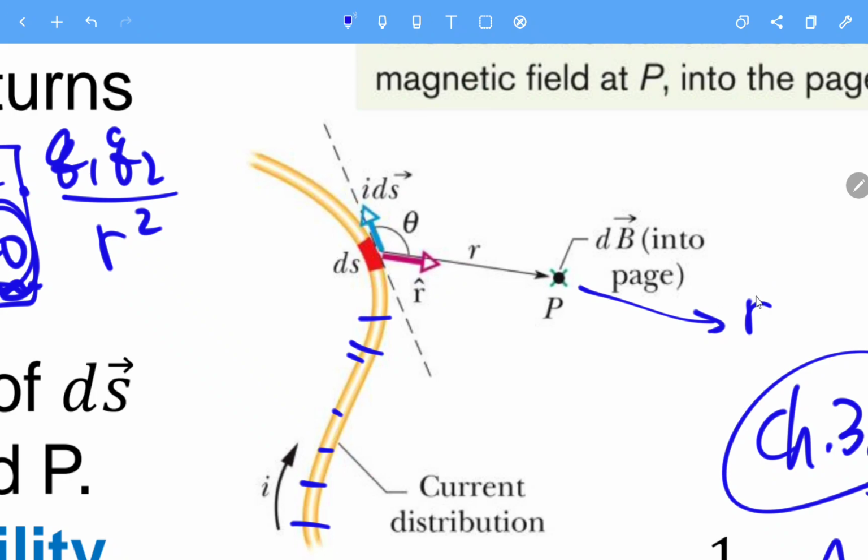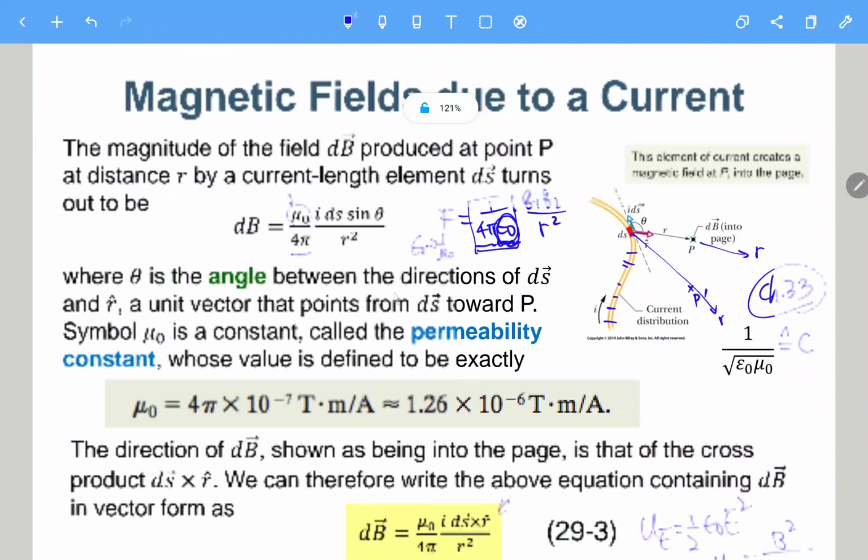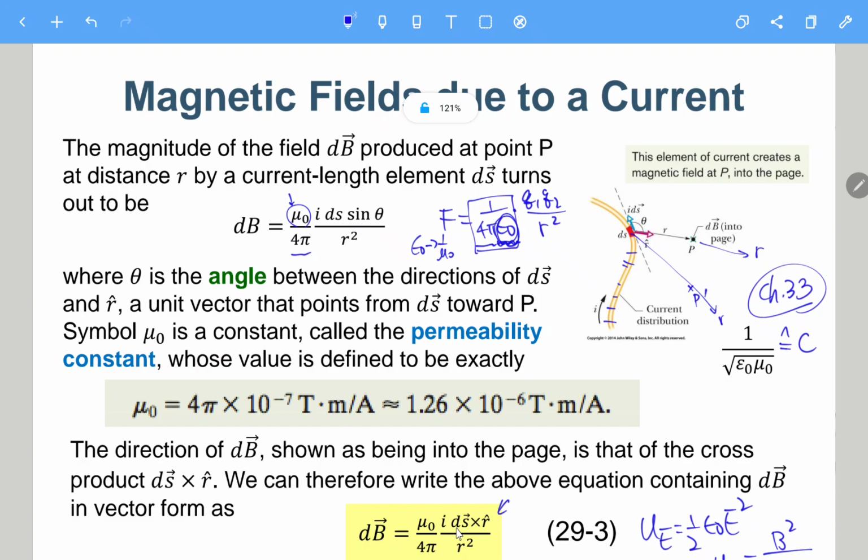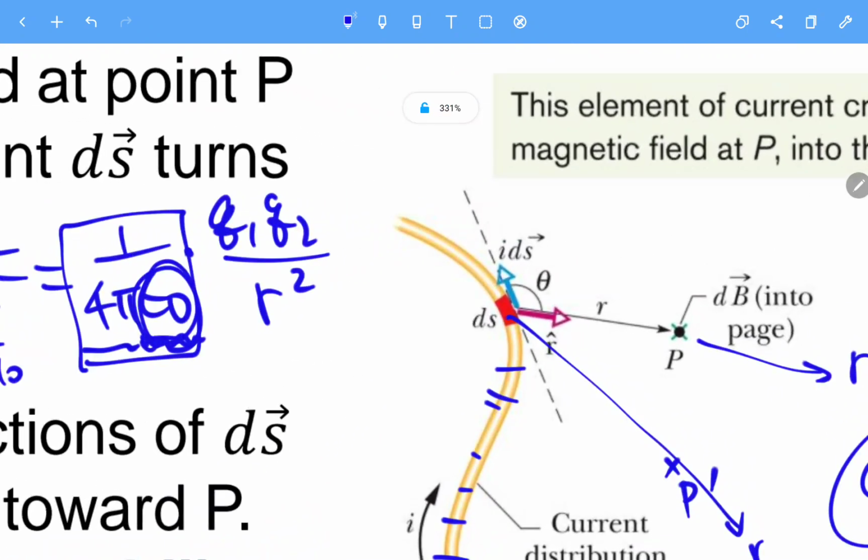If you consider a point P prime, the R axis is in this direction. R hat points in this direction with unit length. In this equation we have ds cross R hat. ds points in that direction, R points in that direction, so dB is pointing into the page.